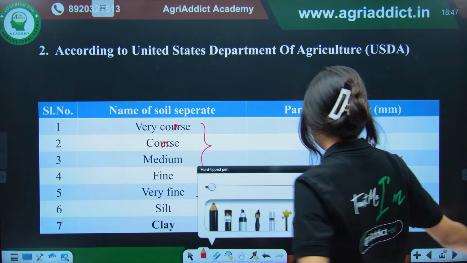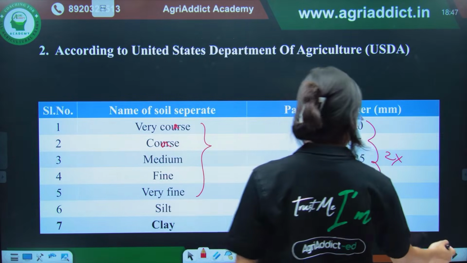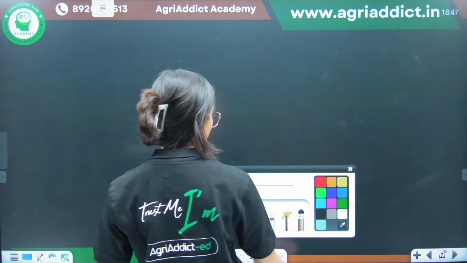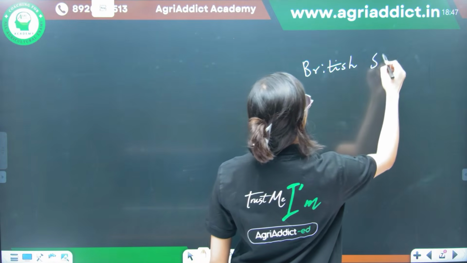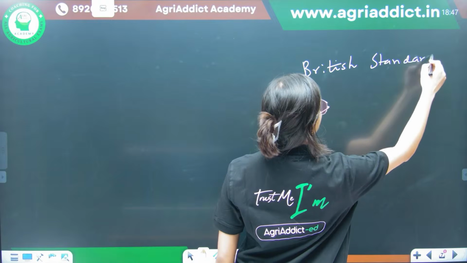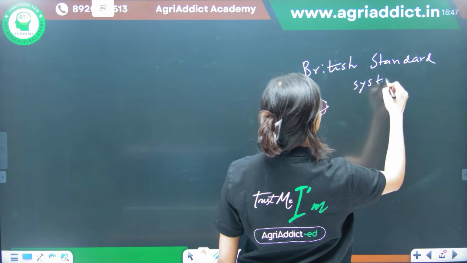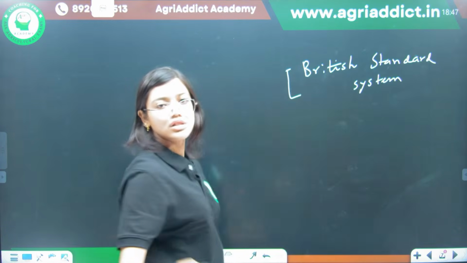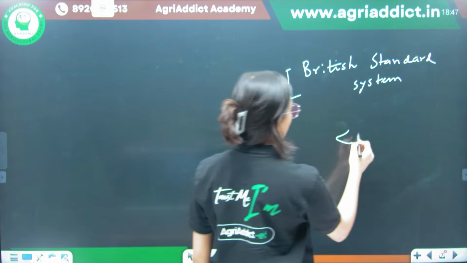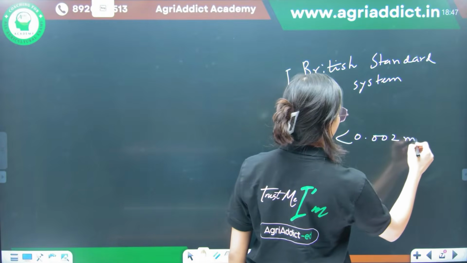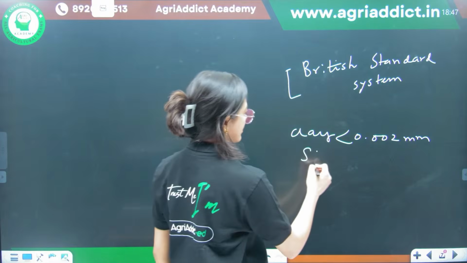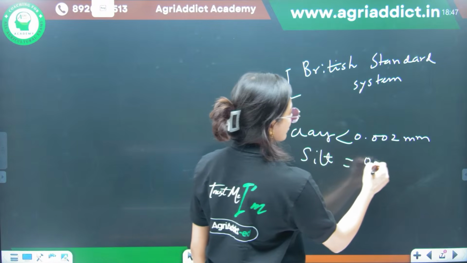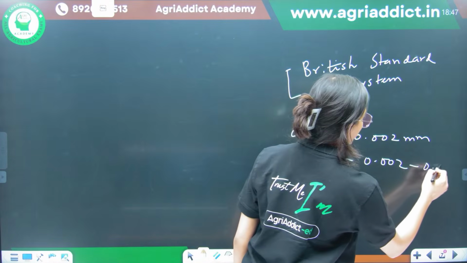Now, there is another system of classification, and that is called the British Standard System of Classification. So, here also the clay particle is less than 0.002 millimeter in diameter, but whenever we move to the silt part, it will be 0.002 to 0.06.